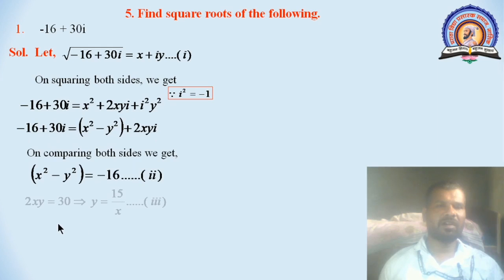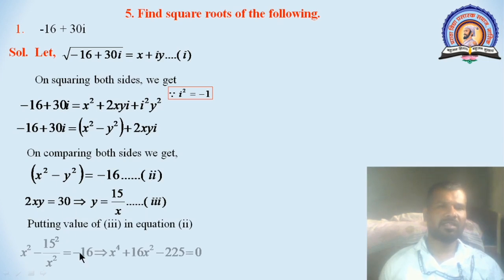From that we will get y is equal to 15 upon x. Now put this value of y is equal to 15 upon x in equation number 2. We will get x square minus (15 upon x) square is equal to minus 16. So multiplying by x square, we will get x raised to 4 plus 16x square minus 225 is equal to 0. This is a bi-quadratic equation. We will factorize it.